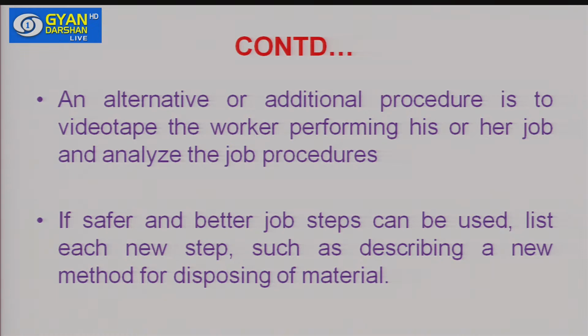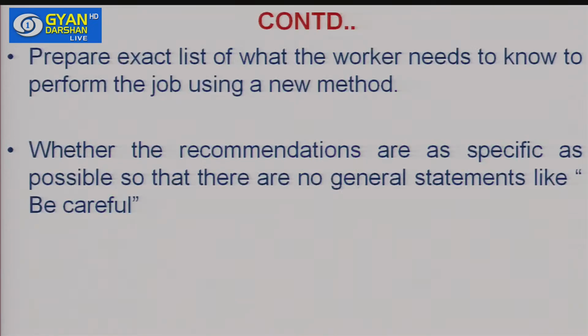Further, if safer and better job steps can be used, list each new step, such as describing a new method for disposing of material. Prepare an exact list of what the worker needs to know to perform the job using the new method. Suppose a method is changed for working on a certain job.